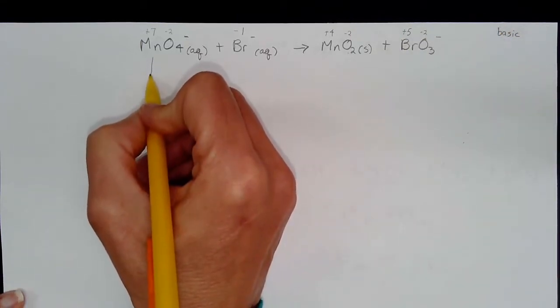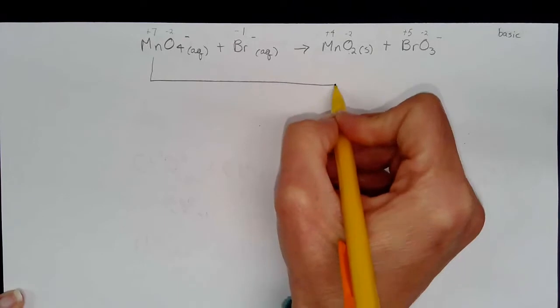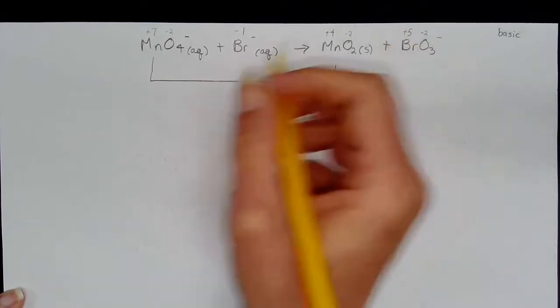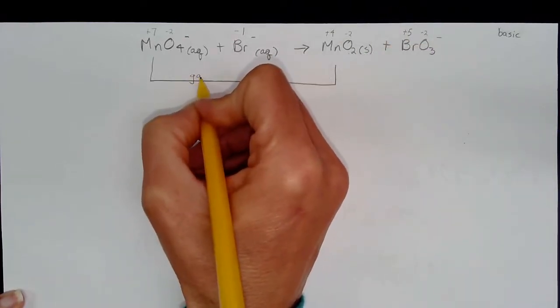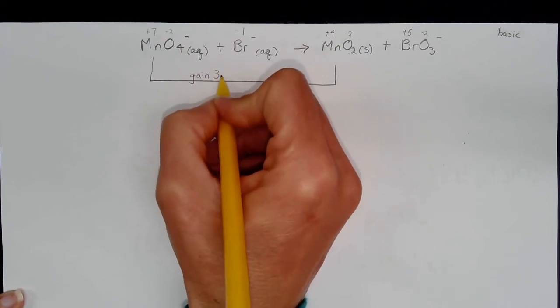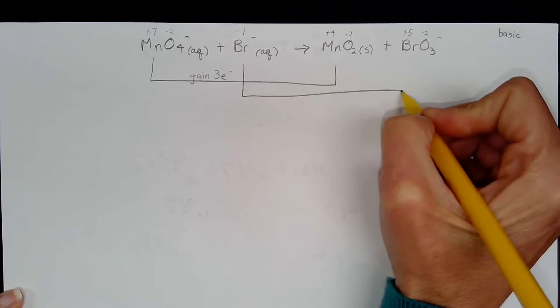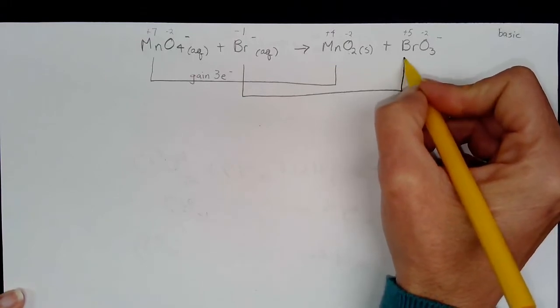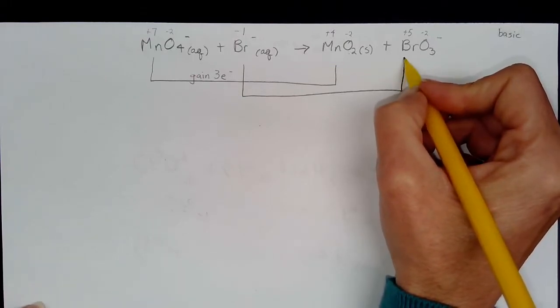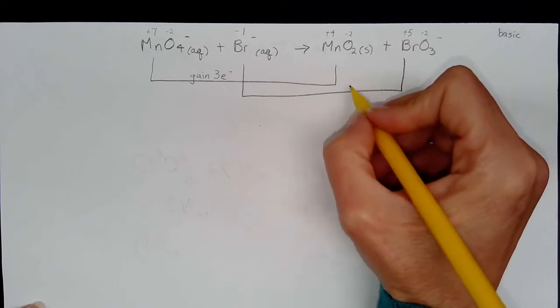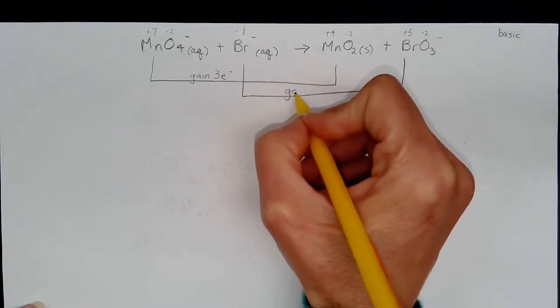Okay, so our manganese is going from a +7 to a +4. That means that it has gained 3 electrons. Our bromine is going from a -1 to a +5. That means that it has lost 6 electrons.